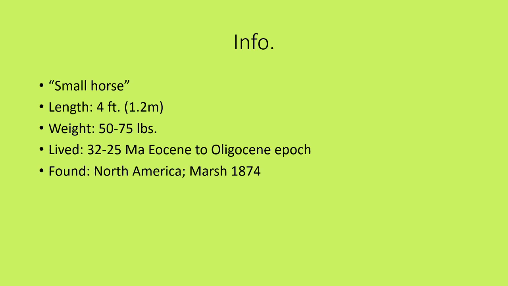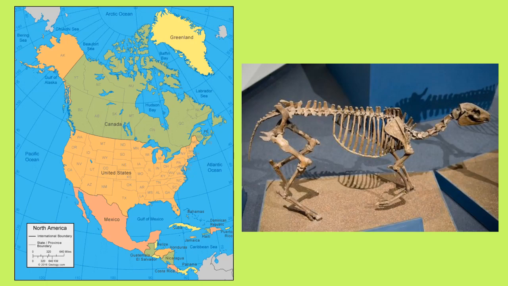Othniel Charles Marsh. In this map of North America, I am going to highlight where Miohippus fossils have been found. Miohippus fossils have been found in the Canadian province of Alberta, and also from Florida all the way over to California.